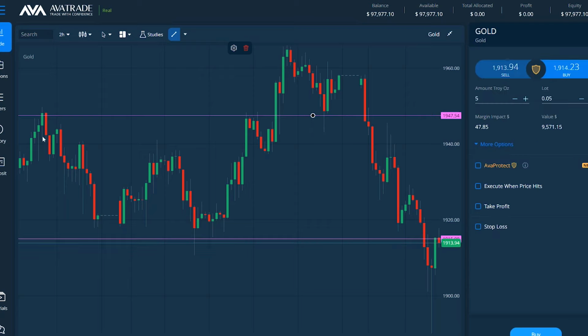I'm on the 2-hour candles, and there's resistance here and down, here and down, and here and down. And it became support when it was above. So this looks like an important price level. And maybe I say, okay, 1947, just before 1950, I'll take profit. So I'm using the technical analysis to figure my exit point here.